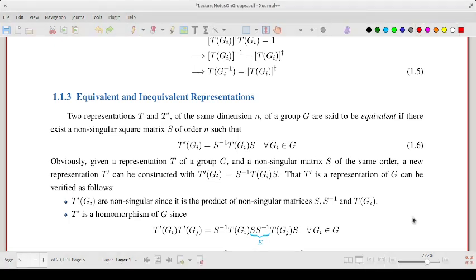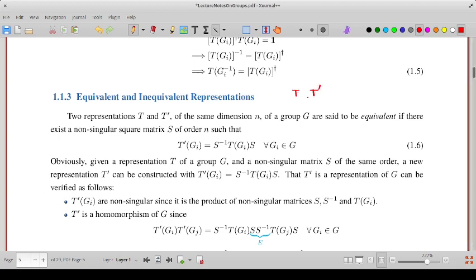Next, equivalent representations. Suppose we have two representations named T and T dash. So that means for every group element Gi, the T representation assigns a matrix T(Gi) and the T dash representation assigns a matrix T dash (Gi).